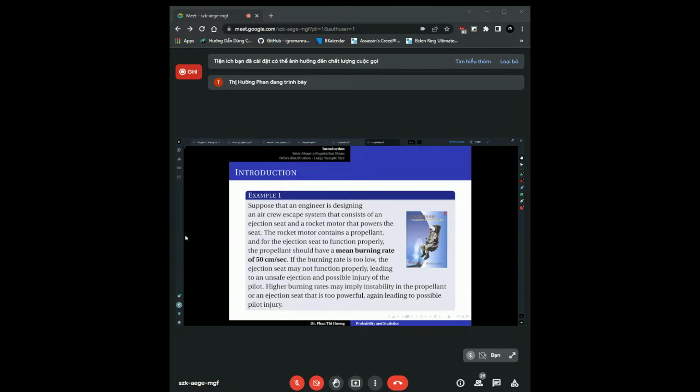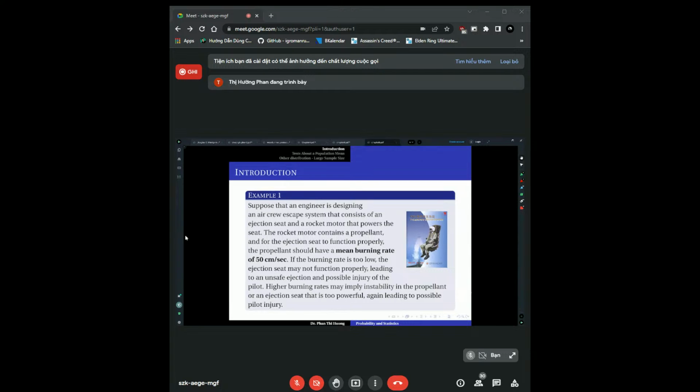If the burning rate is too low, the ejection seat may not function properly, leading to an unsafe ejection and possible injury of the pilot. A higher burning rate may imply instability in the propellant or an ejection seat that is too powerful, again leading to possible pilot injury.